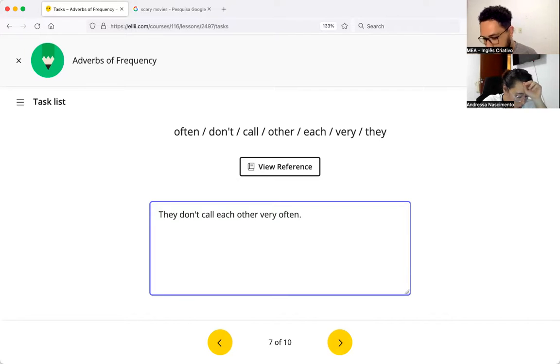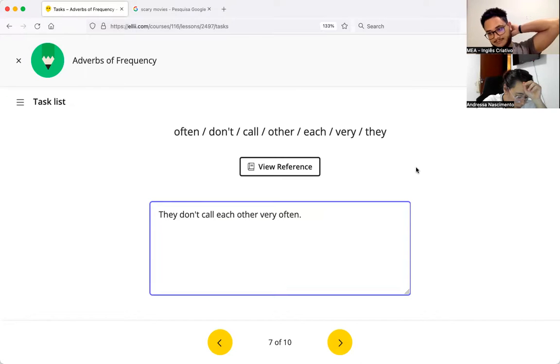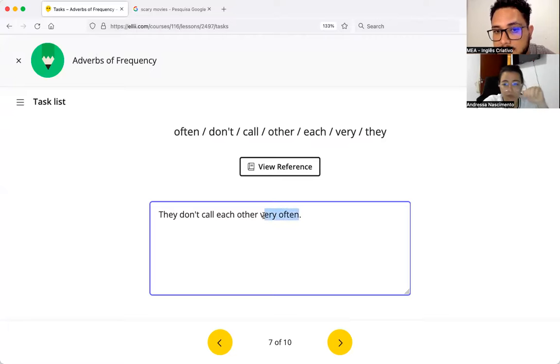He doesn't. Não sei. Como é que eu vou montar isso? It's almost the same, but remember, the very often it's going to be in the end of the sentence. Negatively, the first part, and the very often in the end.